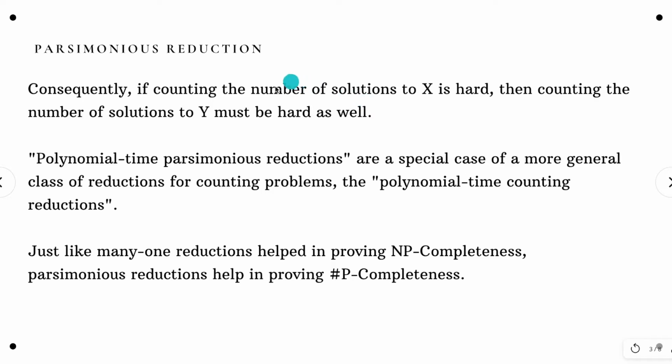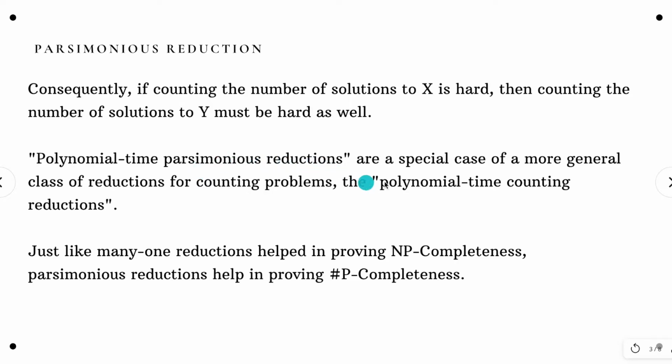So, if counting the number of solutions for x is hard, then counting the number of solutions to y must be hard as well. Let's talk about what polynomial time parsimonious reduction is. It is a parsimonious reduction in which the reduction can be done in polynomial time. So that is the extra condition of polynomial time, as the name implies.